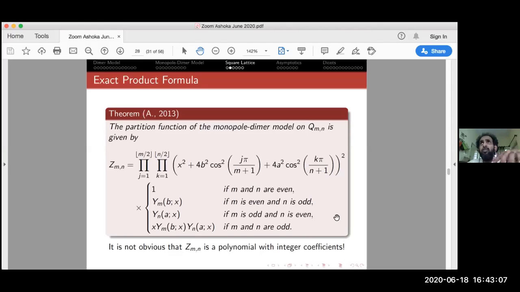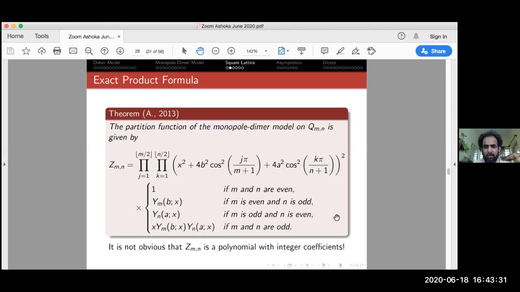With this choice of Kasteleyn orientation, the eigenvalues are not so nice. But they break it up into 2 by 2 blocks, and that's why you have this x squared business. So you're taking a product of determinants or characteristic polynomials of 2 by 2 matrices essentially after some transformation.